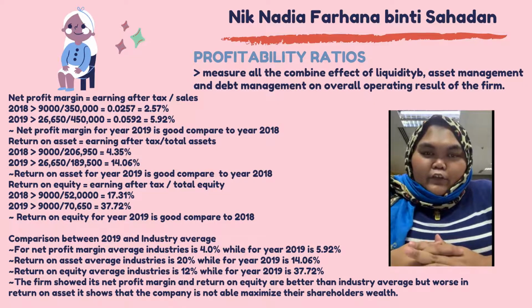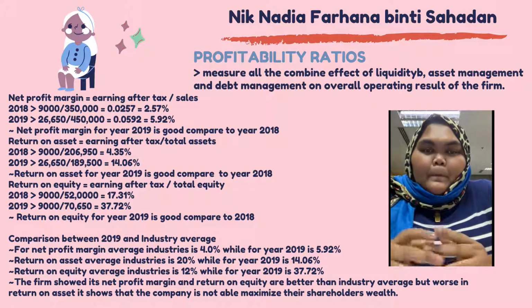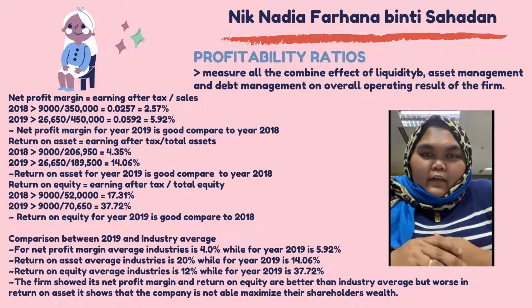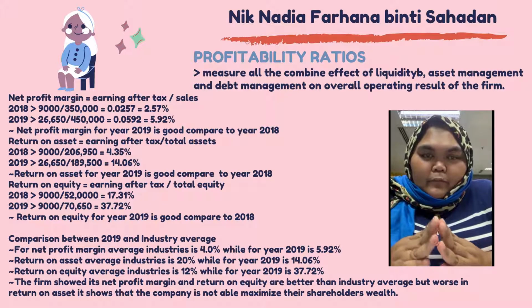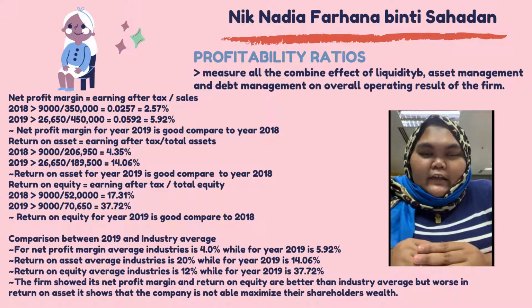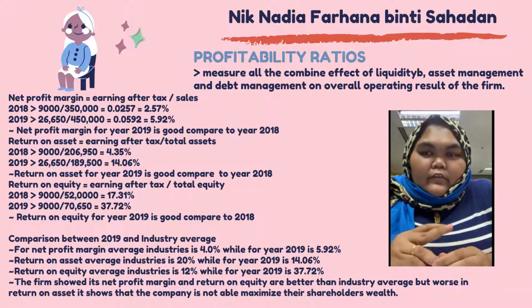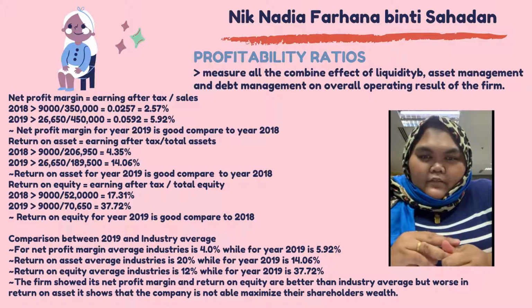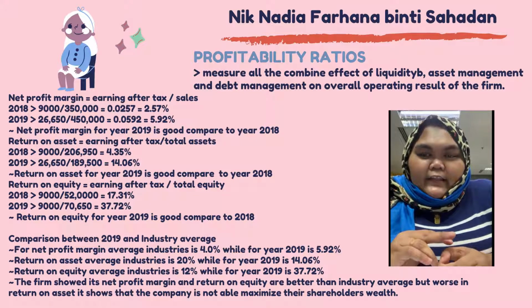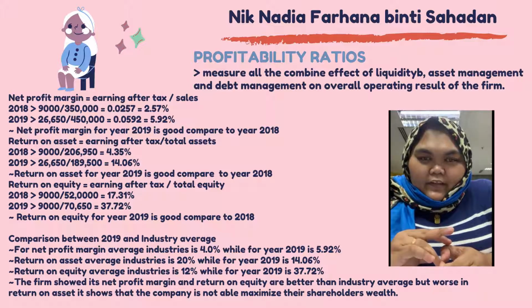Comparison between year 2019 and average industry. For net profit margin, average industry is 4.0%, while for year 2019 is 5.2%. Return on assets for average industry is 20.0%, while for year 2019 is 14.6%.